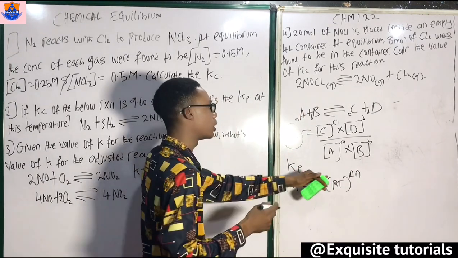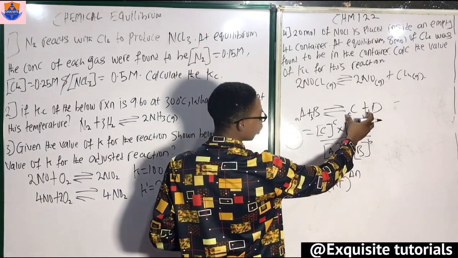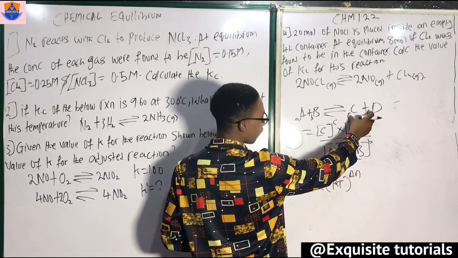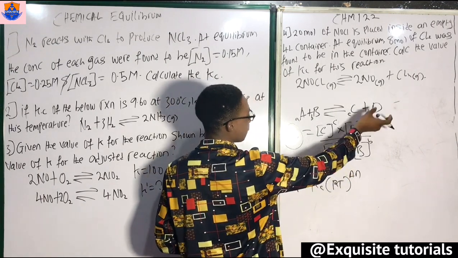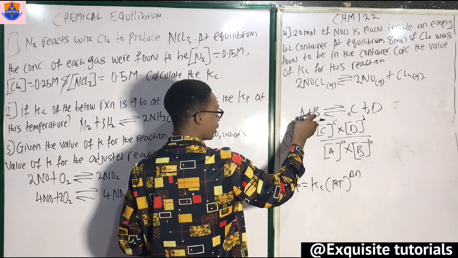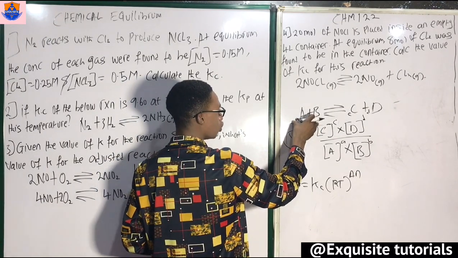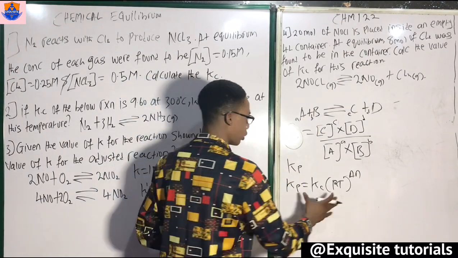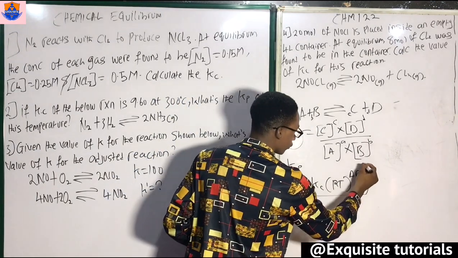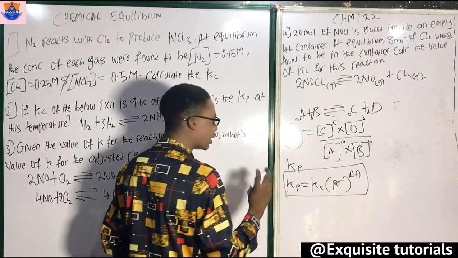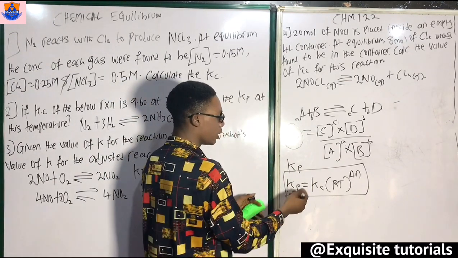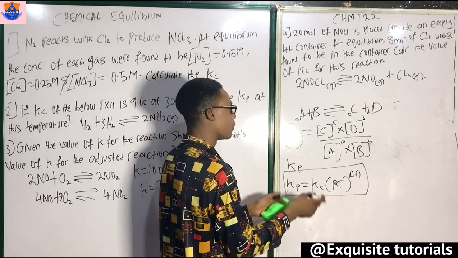Now this change in n is the summation of the number of moles of the gases on the product side minus the summation of the number of moles of the reactants. So this is for Kp. This works when you are given the Kc and asked to find the Kp.